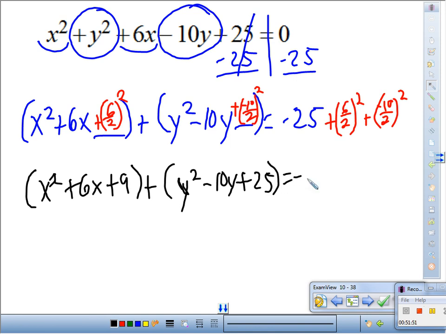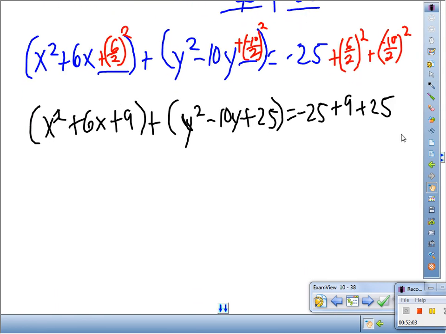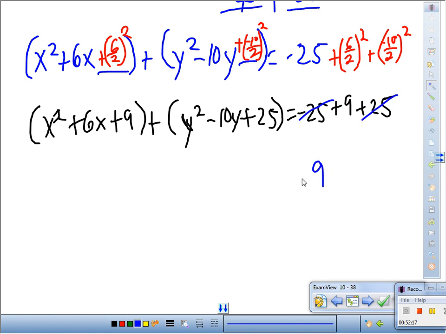Therefore, this is negative 25 plus 9 plus 25. All right? Therefore, at this point, I'm going to simplify this side. This cancels this. We're left with 9 equals, and let's factor this.